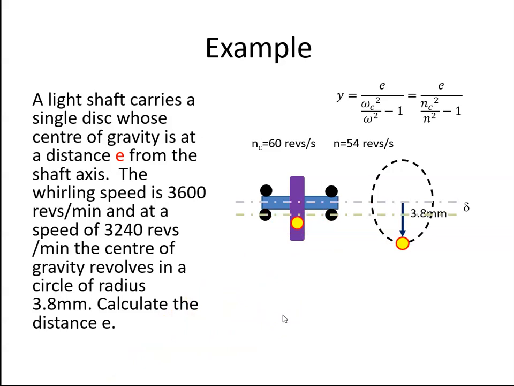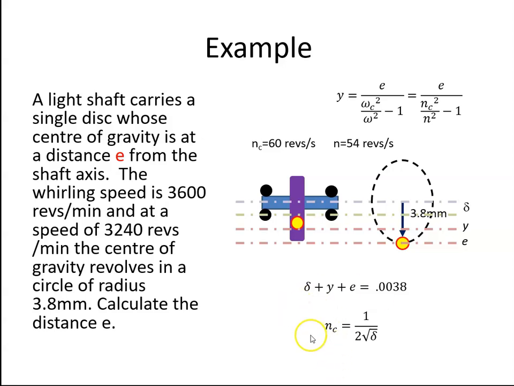So d plus y plus e is equal to 0.0038 meters. Okay, so that's what they've given us.